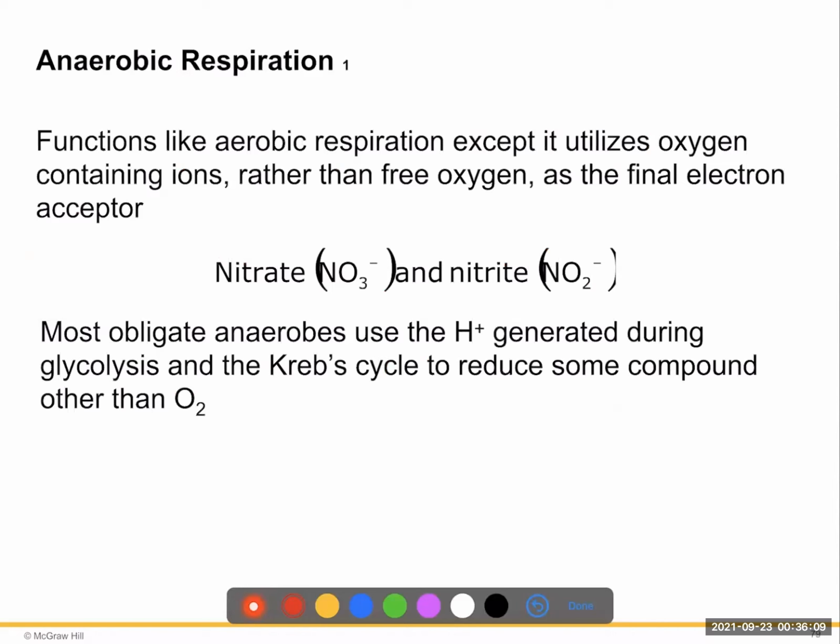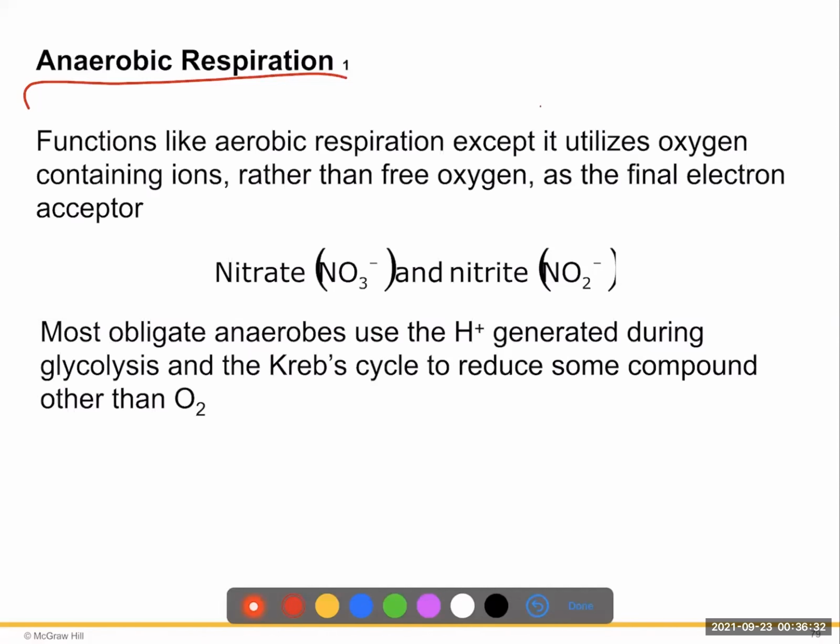Okay, anaerobic respiration. This is where oxygen is not the final acceptor of the electrons. It's usually nitrogen, like ammonia, nitrates, sulfur, like in sulfate particles or carbonate. It functions like aerobic respiration, except it utilizes oxygen-containing ions rather than free oxygen.